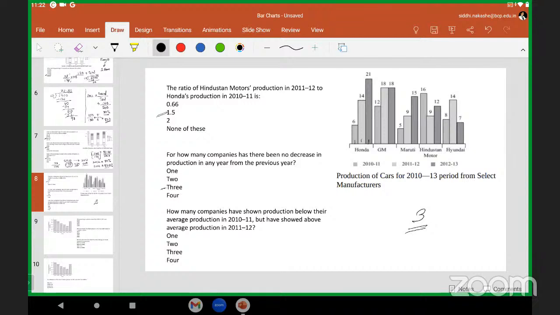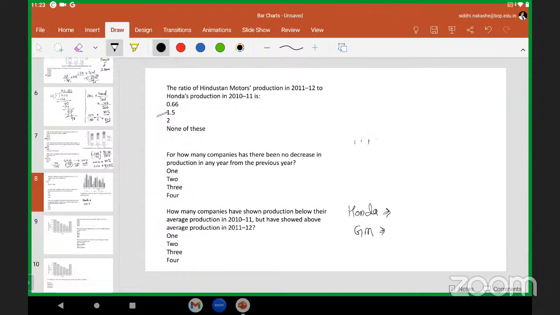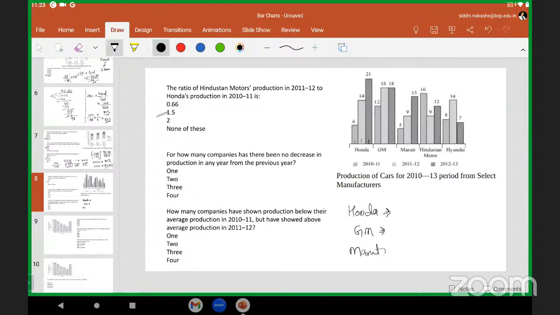Now next question: how many companies have shown production below their average in 2010-11 but have shown above average in 2011 and 12? Fine. So we need to first find the averages of all these companies. Let's start with Honda, then GM, then Maruti.